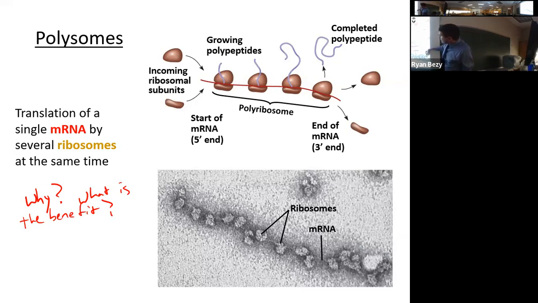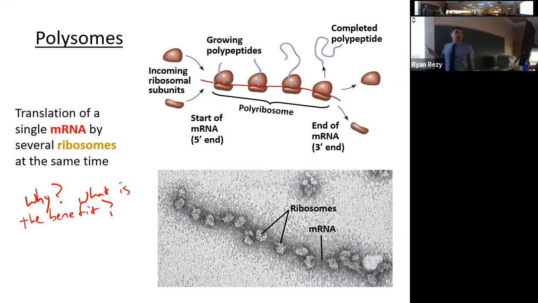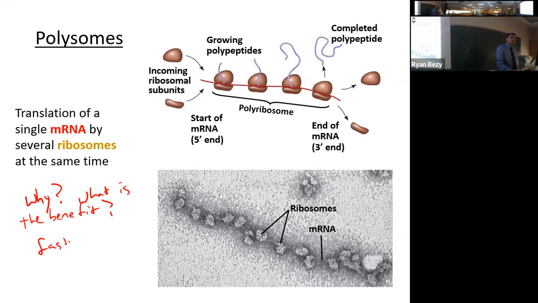Again, the same thing here. You're seeing a messenger RNA, but it's got 1, 2, 3, 4, 5, 6, 7, 8, 9, 10, 11, for instance, ribosomes all bound at the same time off of that messenger RNA. What's the benefit of having what are called polysomes? Yep. Faster.